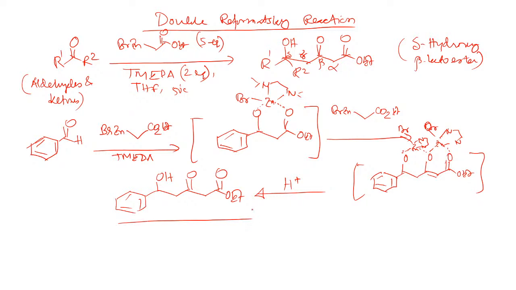That means this product is formed stoichiometrically by 2 equivalents of this reagent, but in reality you have to use 5 equivalents of this reagent.